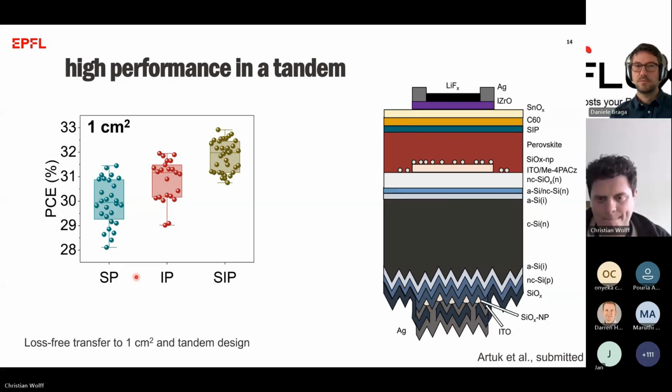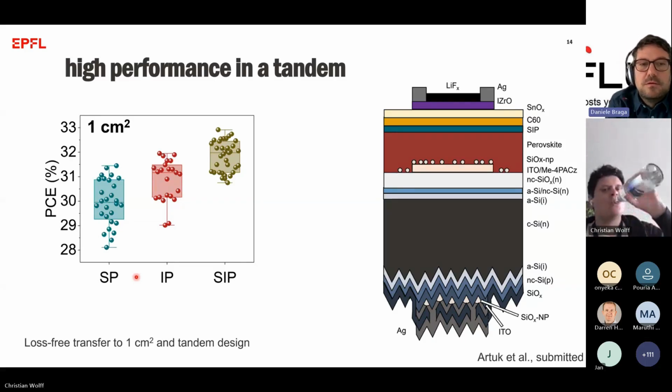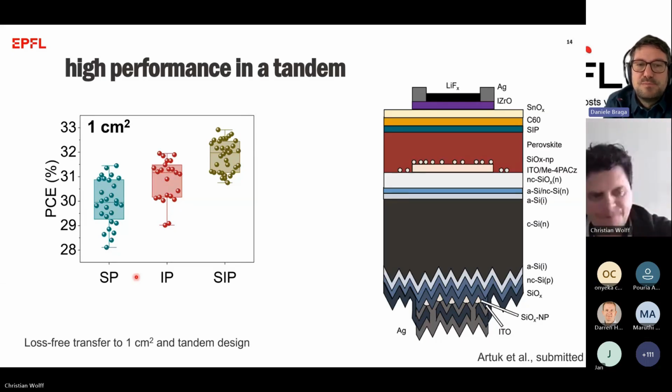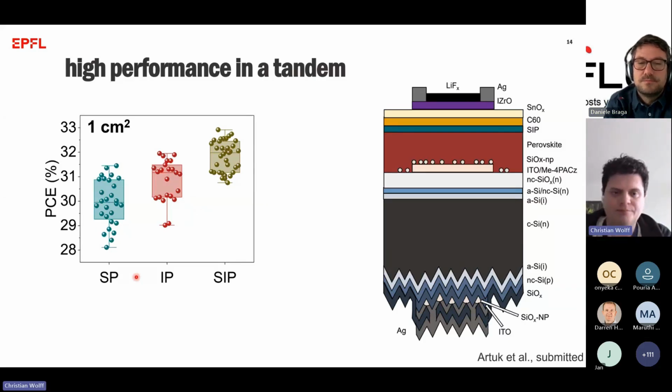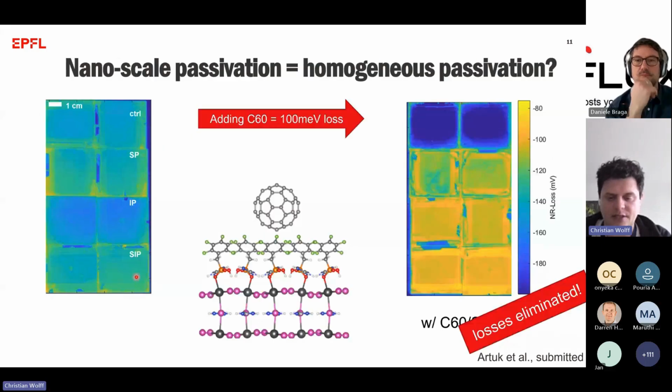Okay, now I see a question. Well, probably you can reply quickly. How can we control the lattice mismatch between layers in tandem solar cells? Yeah, fantastic question. So far, at least from our side, we did not. And that is a problem.